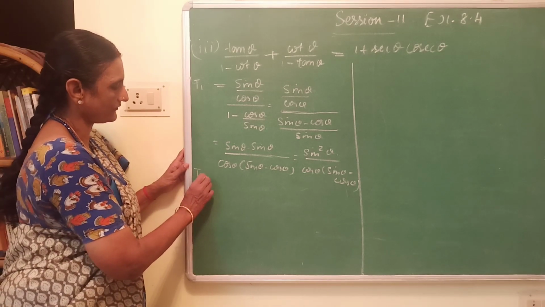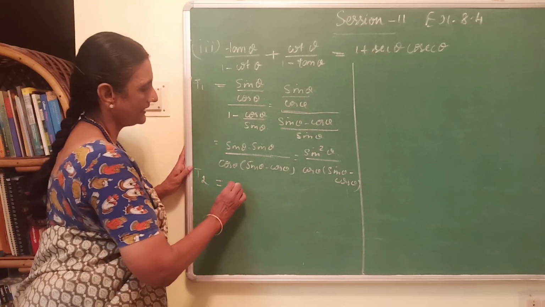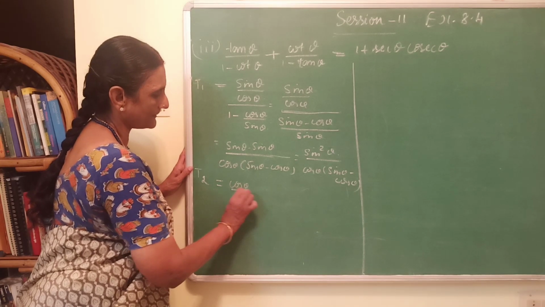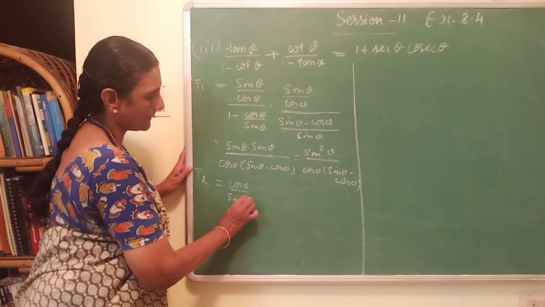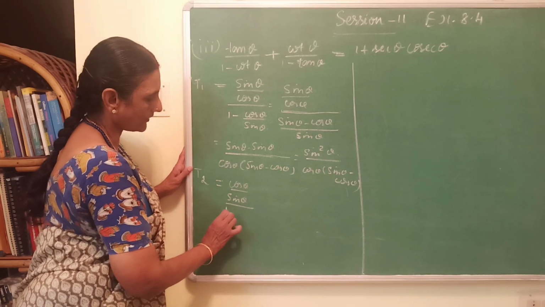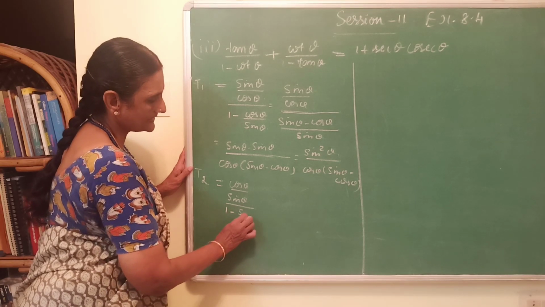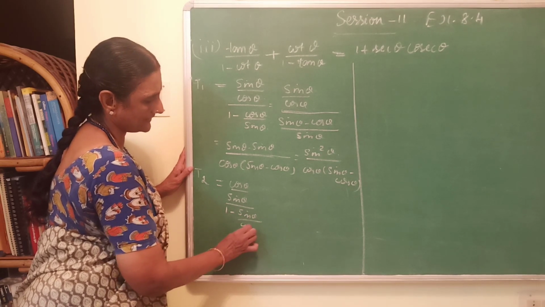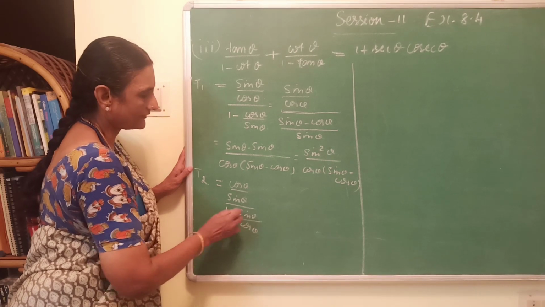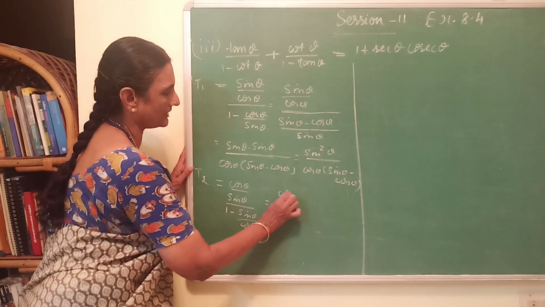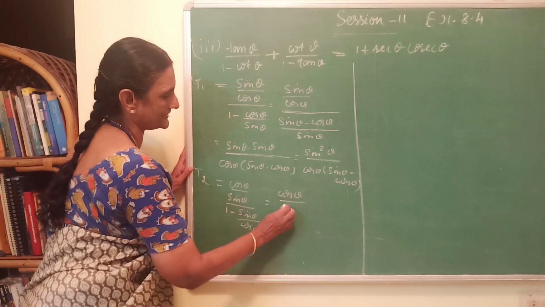So term 2, if you take, you will get cos theta divided by sin theta, divided by 1 minus sin theta by cos theta. Now I have to take the common denominator for the denominator.